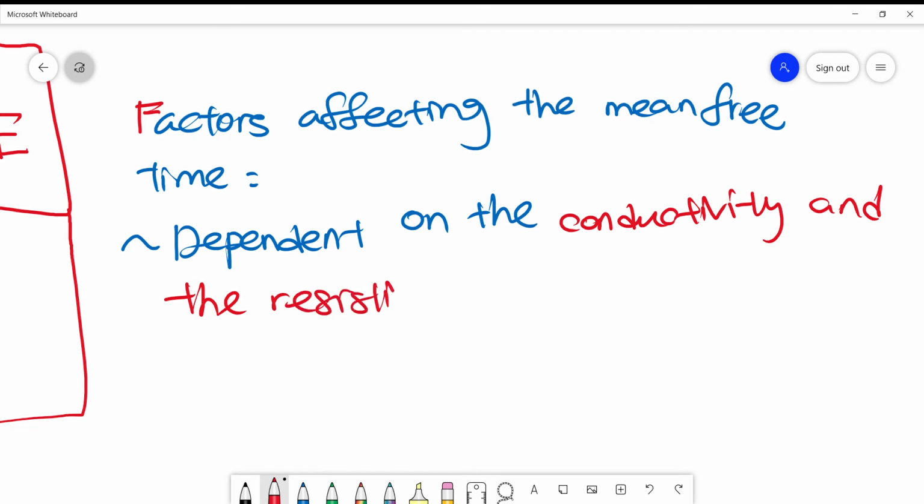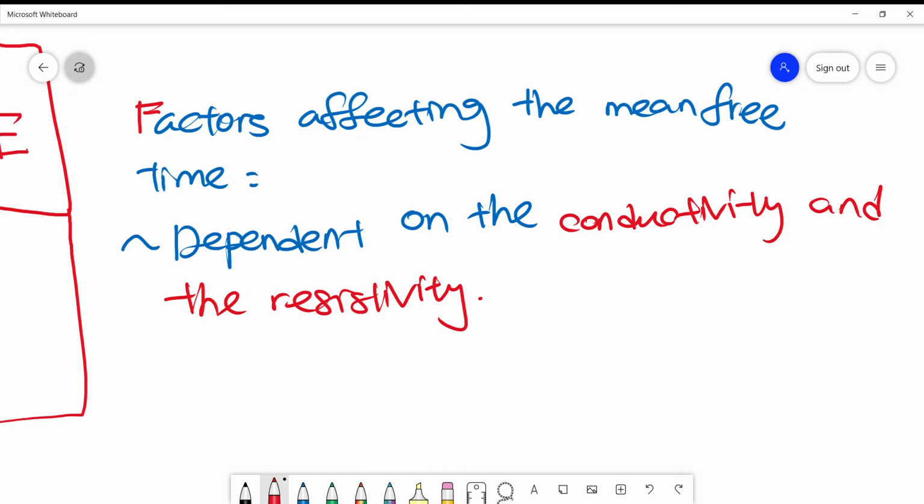So the mean free time of electrons is dependent on the conductivity and resistivity. It is independent from the potential difference, the electric field and other variables.